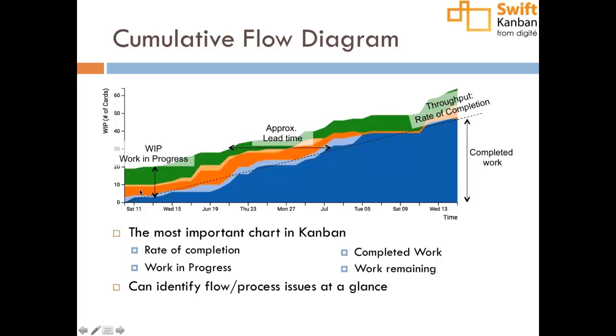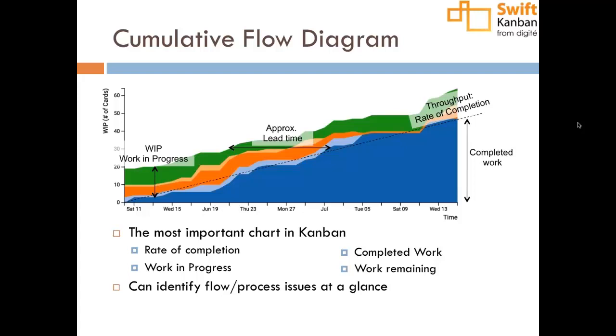The horizontal distance between the top and the bottom is really the turnover time, which is basically your inventory turnover. It is approximately the same as lead time, but not exactly, and the reason is that the cards don't necessarily leave in the same order they come in.